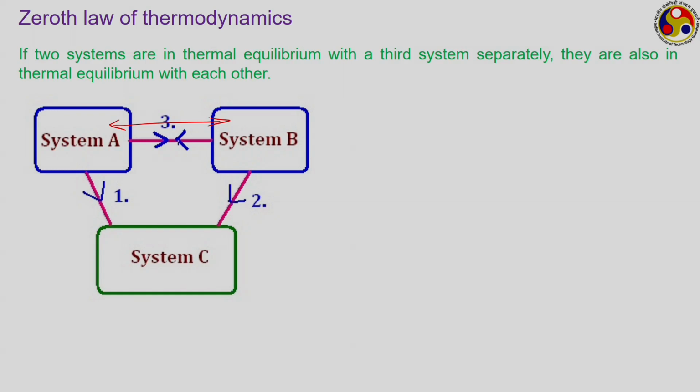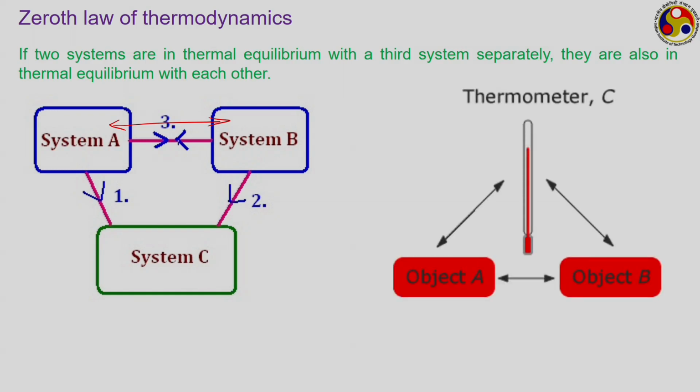That gives us two important concepts. One is that it gives us the idea of measuring temperature using a thermometer. Here I should mention that the term thermometer does not refer only to that mercury filled capillary tube that you use to measure body temperature, rather any temperature measuring device is a thermometer. That one actually is a liquid in glass type of thermometer.